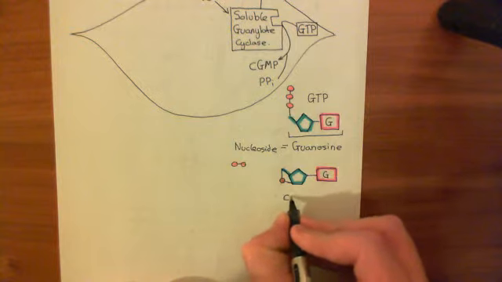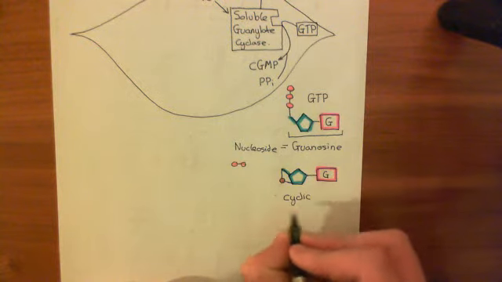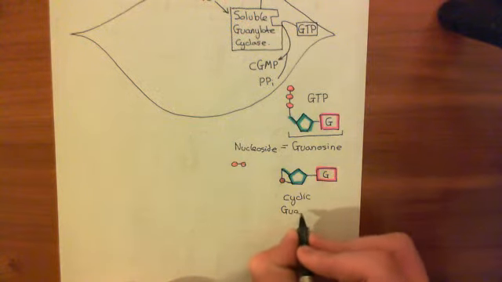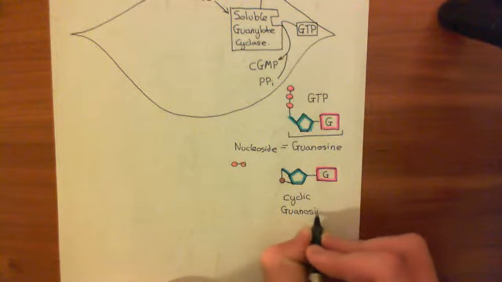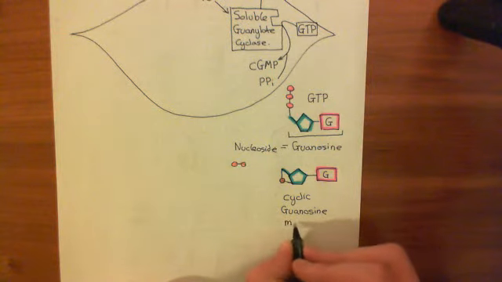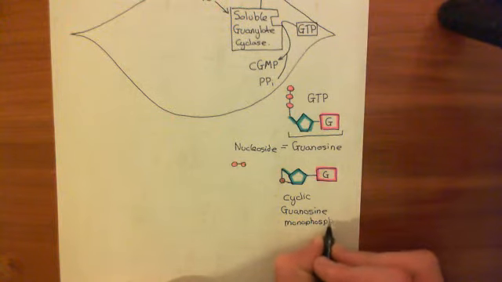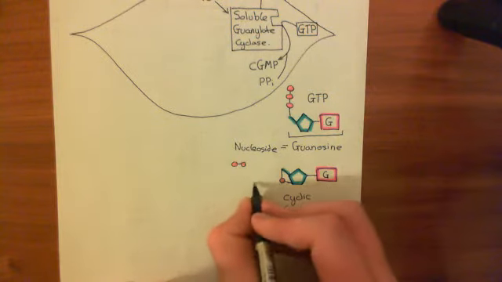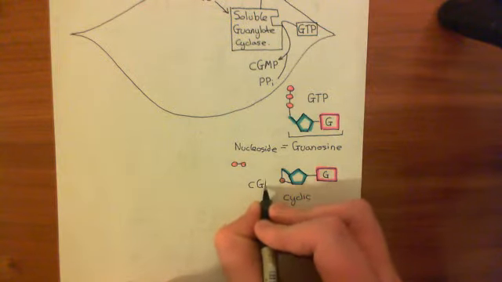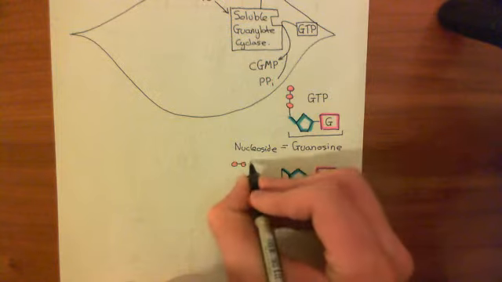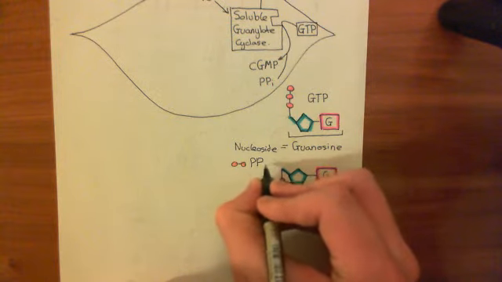So this is cyclic guanosine monophosphate, or cyclic GMP for short. It's basically exactly the same as cyclic AMP, except that it's got the guanine organic base here. So this is cyclic GMP, and this here is the pyrophosphate, PPi.